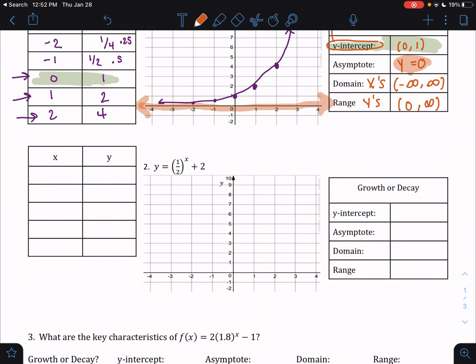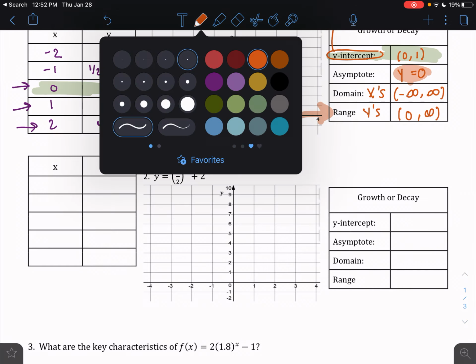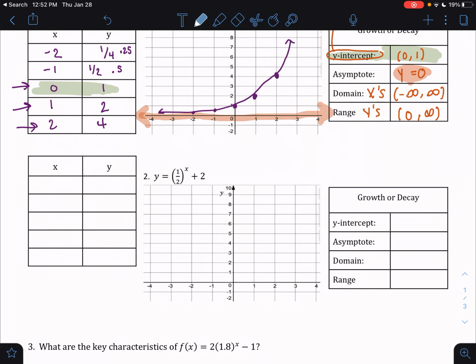Let's go on to our second problem here, and we're just going to do the same thing. So I'm going to choose -3, -1, 0, 1, and 3. Doesn't really matter what you choose, just don't go more than what's on this graph here, so I wouldn't go more than 4.